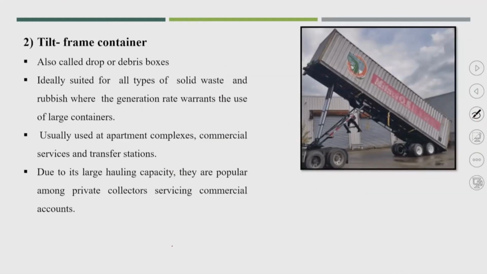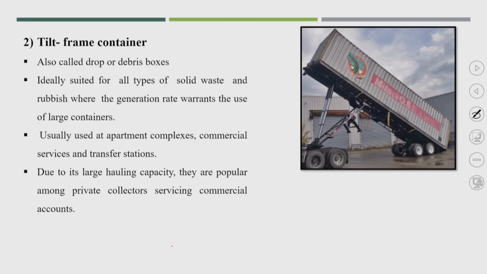Now, another vehicle is called the tilt frame container. In this case the back frame gets tilted, so unloading is very easy from this kind of vehicle. It is ideally suited for all types of solid waste rubbish where the generation rate warrants the use of a large container.